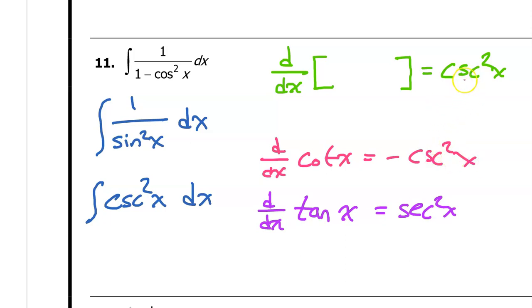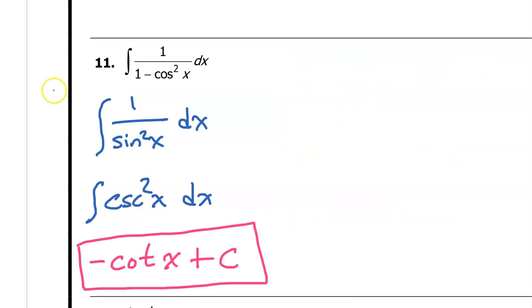That's really close to what we have here. So the derivative of negative cotangent will equal cosecant squared. So negative cotangent must be the integral. Just slap a constant of integration on that and you have your answer.